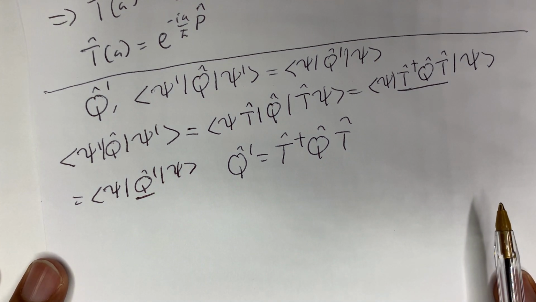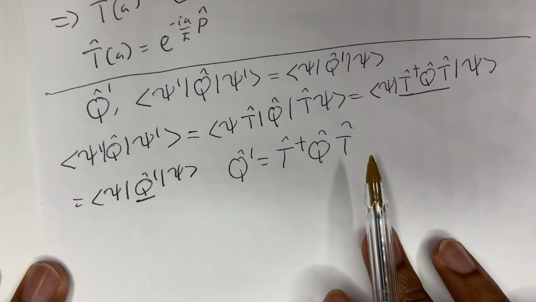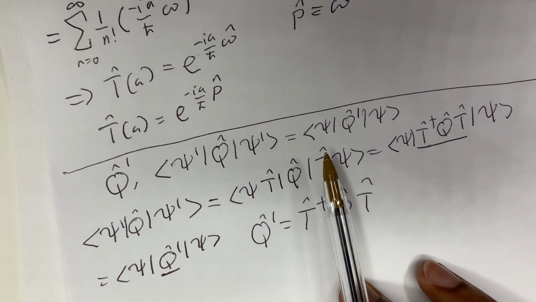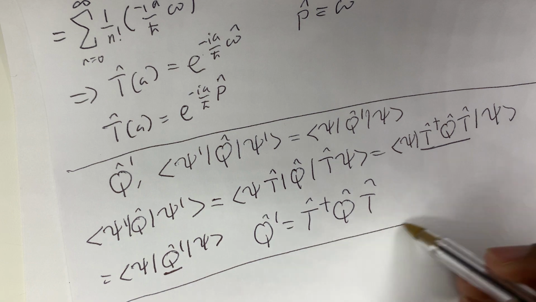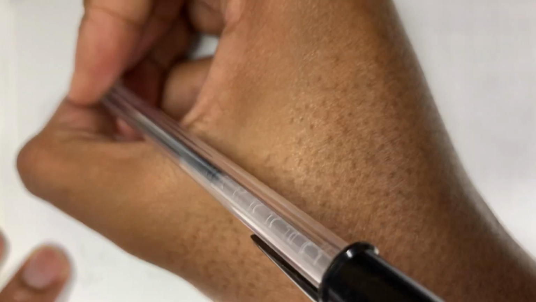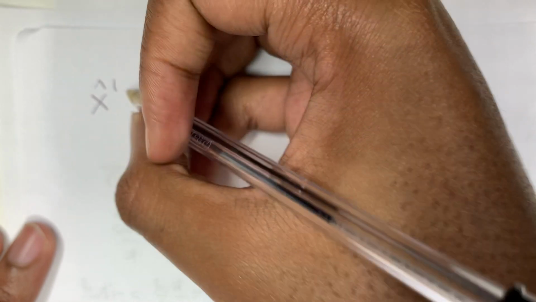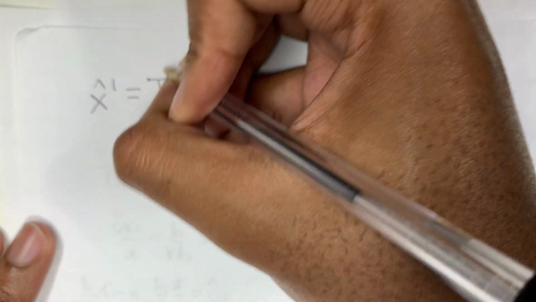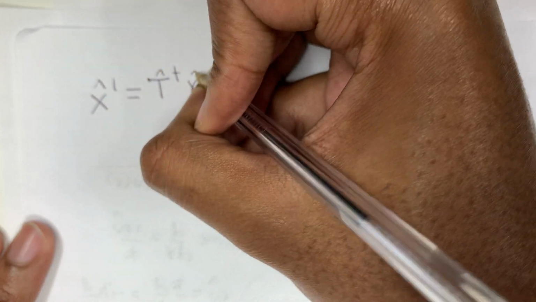Now let's actually apply this formula to the momentum operator. So the momentum operator, translated, is just going to be T hat dagger, momentum operator, T hat.